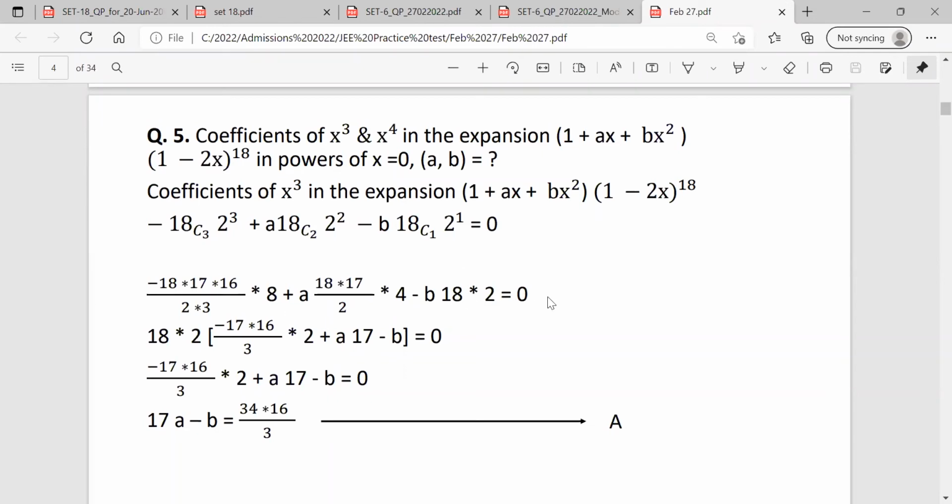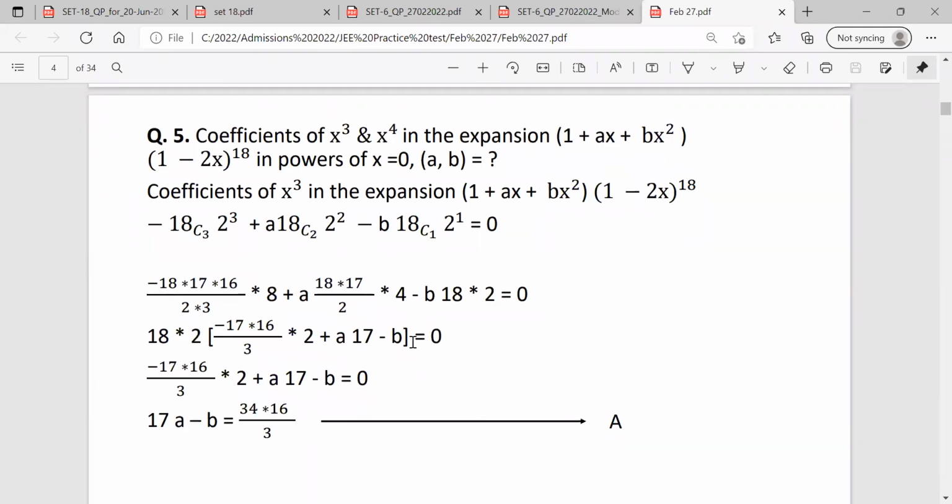equal to 0. Now the next part is really important because we have to find the value of a and b, and we have to reframe the equated coefficients of x cube and x raised to 4 in such a way that we have two equations and we have to solve those equations to identify the value of a and b. So here what I have done is just take the common terms outside. So we have 18 into 2 as common.